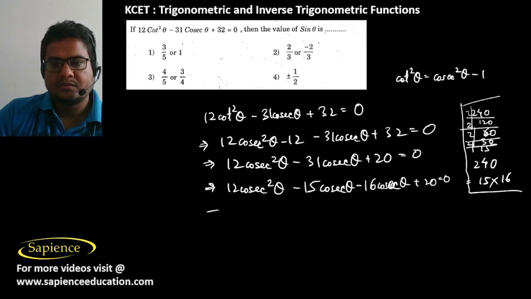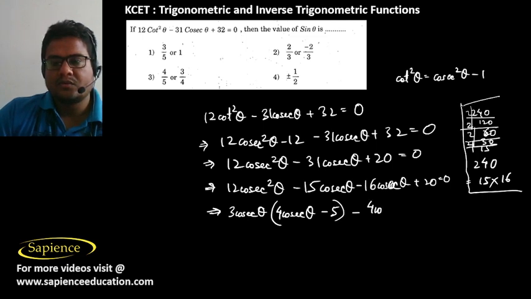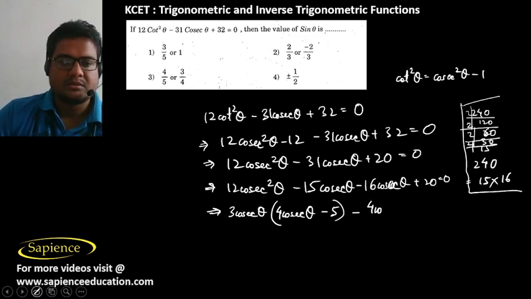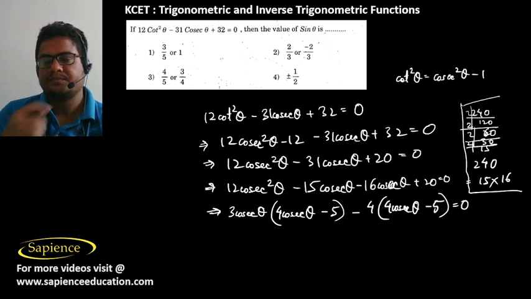So then from here 3 cosec theta we can take as common, 3 cosec theta into 4 cosec theta minus 5, minus 4 into 4 cosec theta minus 5, that will be equal to 0.